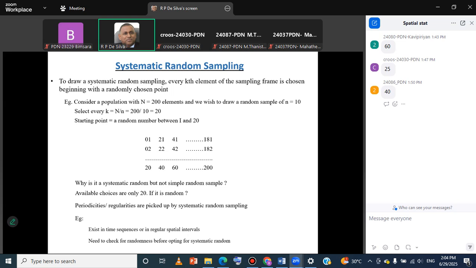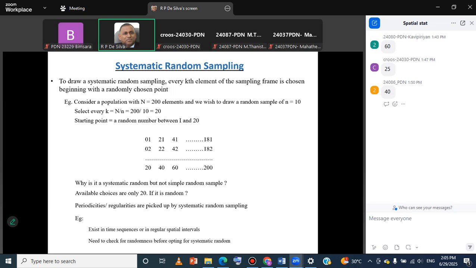Now, if you look at systematic random sampling, what we do is to draw a systematic random sample. Every k-th element, where k can be 1, 2, 3, 4, 5, 6, 7, 8, 10, of the sampling frame is chosen beginning with a randomly chosen point. Right? So for example, if you have 200 areas, numbered 1 to 200.